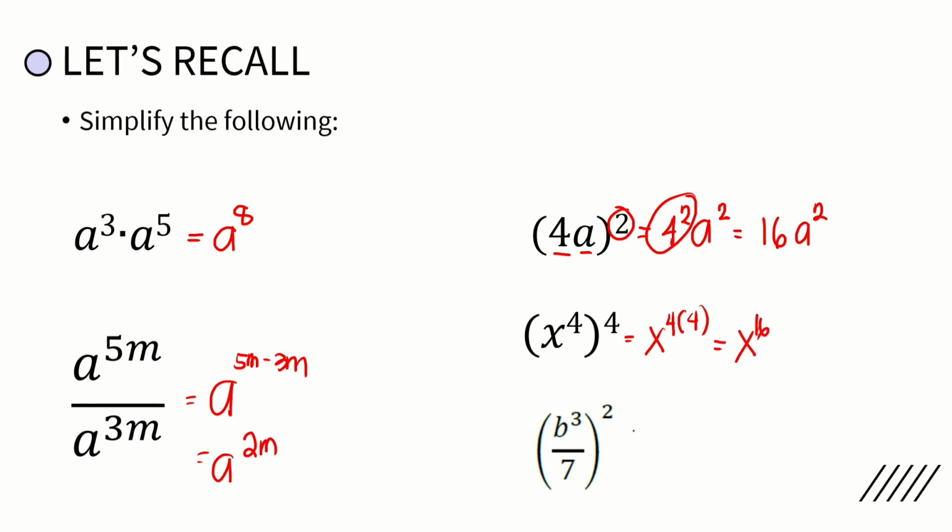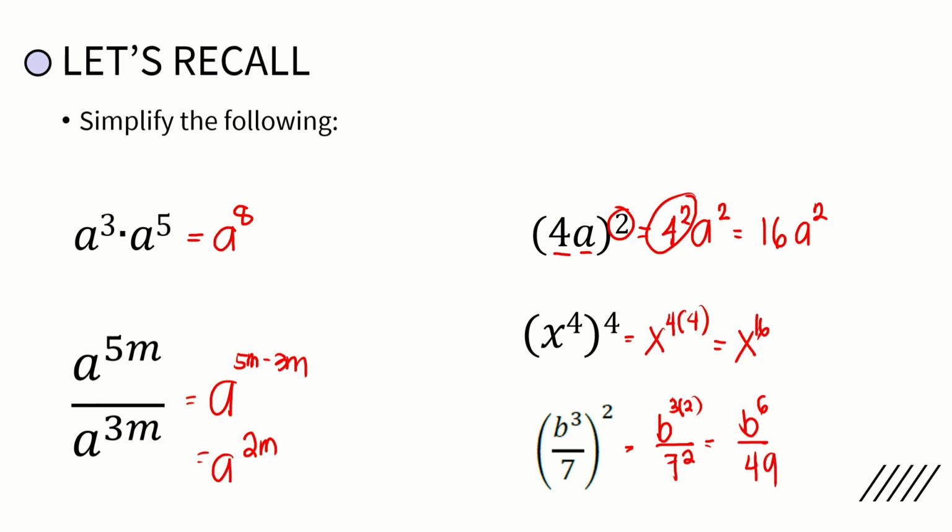And lastly, we have the raising a quotient to a power rule wherein we also apply distributive property. So that's b raised to 3 multiplied to 2 all over 7 raised to 2. Then we simplify. That's b raised to 3 times 2, which is 6, all over 7 squared, which is equal to 7 times 7, and the answer is 49.